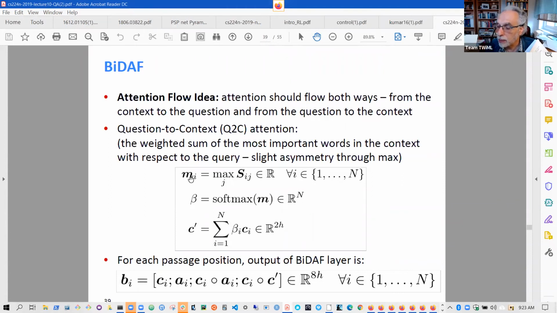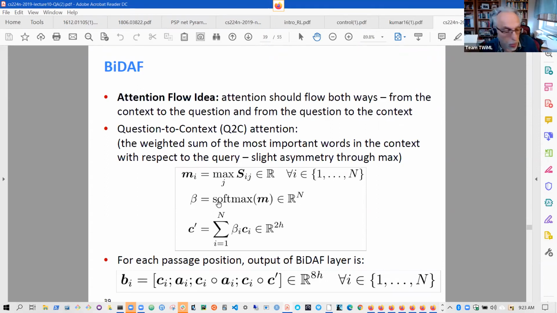Next, we take that vector M and we construct a softmax over it. Since the vector has M elements, the softmax has M elements. Remember, the softmax is basically converting each element to a probability between 0 and 1. So it's giving us this thing called beta, which is a vector with the same number of entries as the context, the words in the passage.